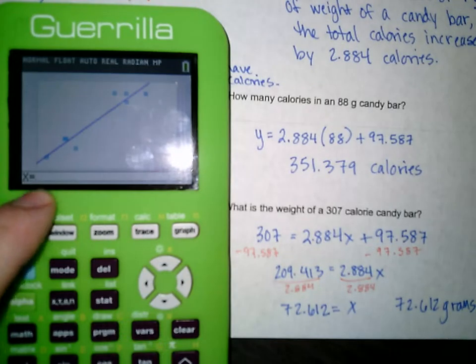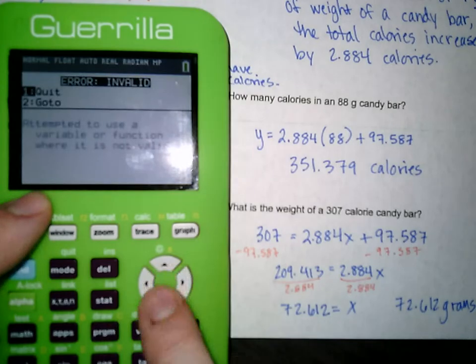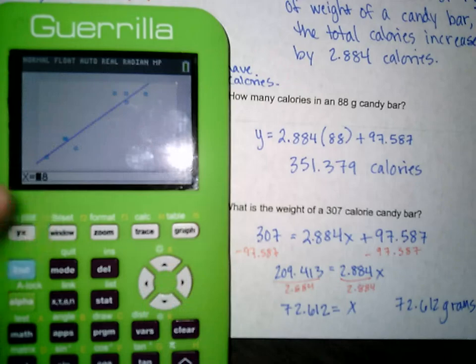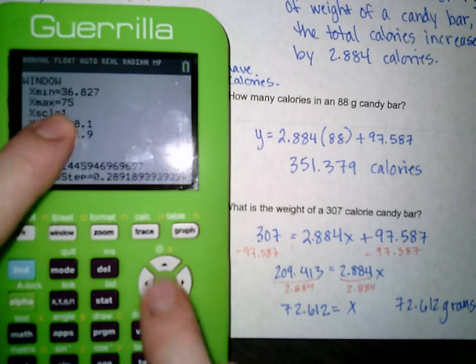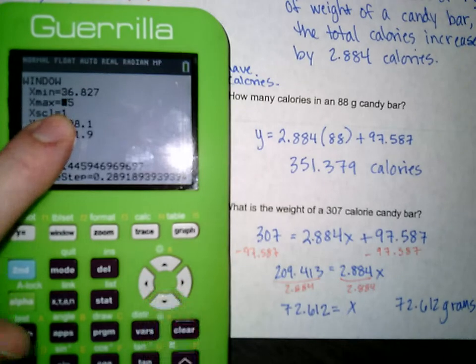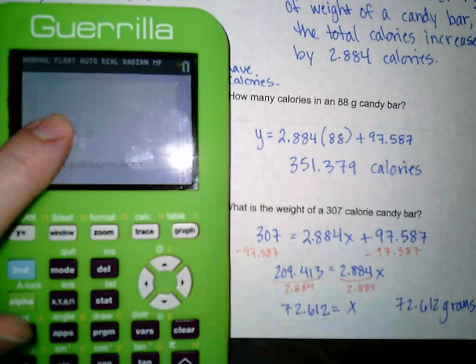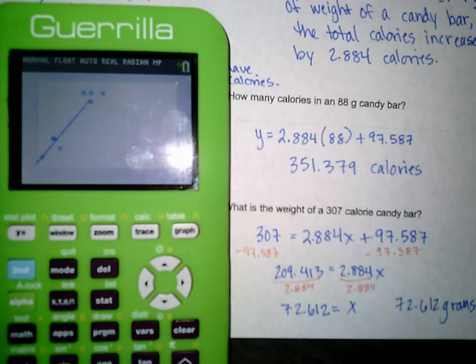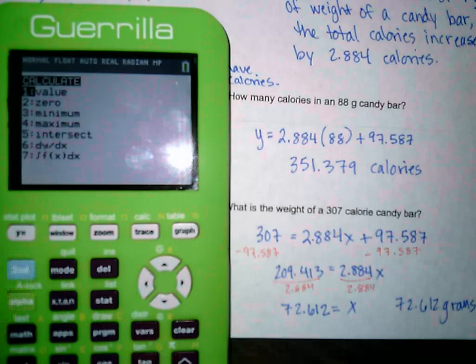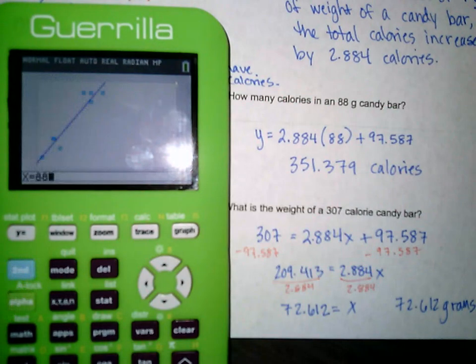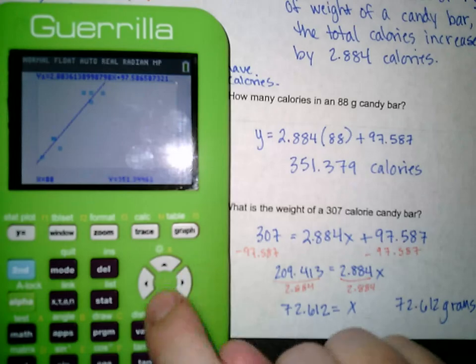And then I can type in the x value, which was 88. Oh, guess what? I have to make sure that's in my window range because my x max only went up to 75. I may have to adjust my window again. So I can calculate value, x is 88.